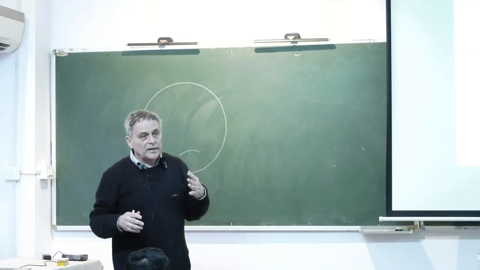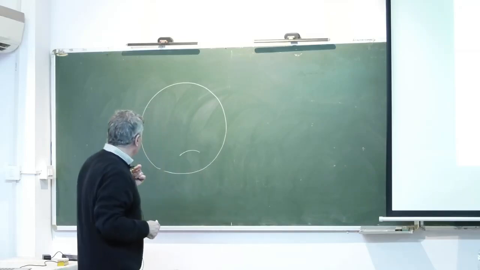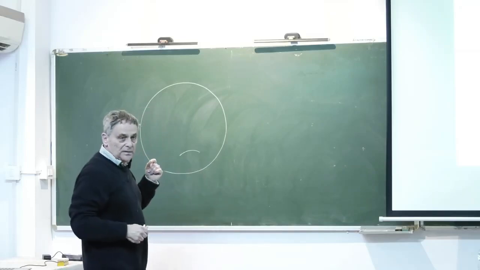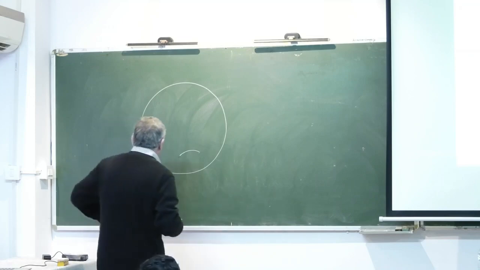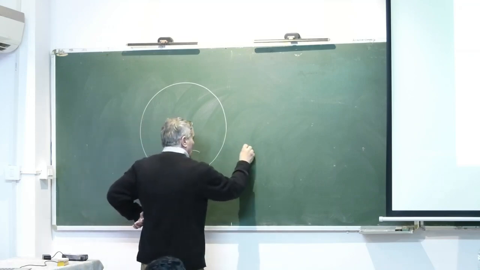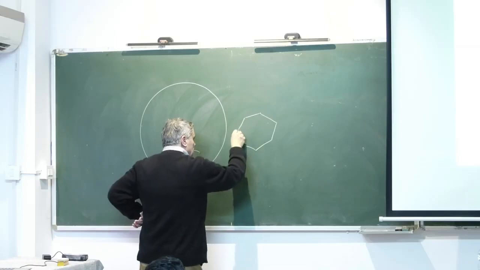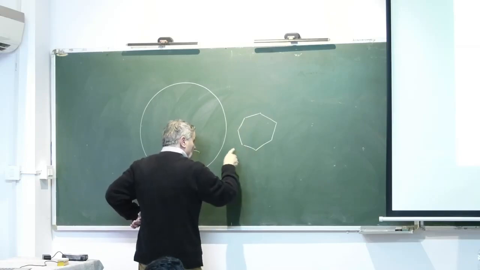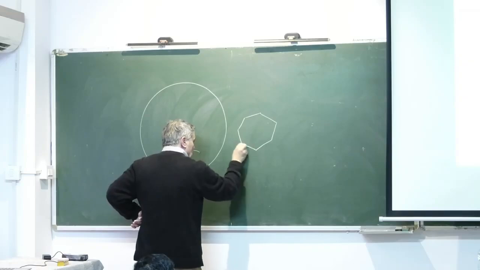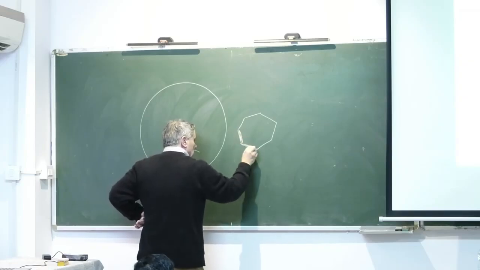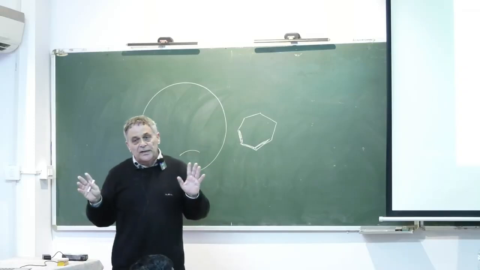All the sides and all the segments I'm taking here are geodesics. So I want to build this. Suppose this is my hyperbolic hexagon, and I want to show that these three sides determine the hexagon completely.